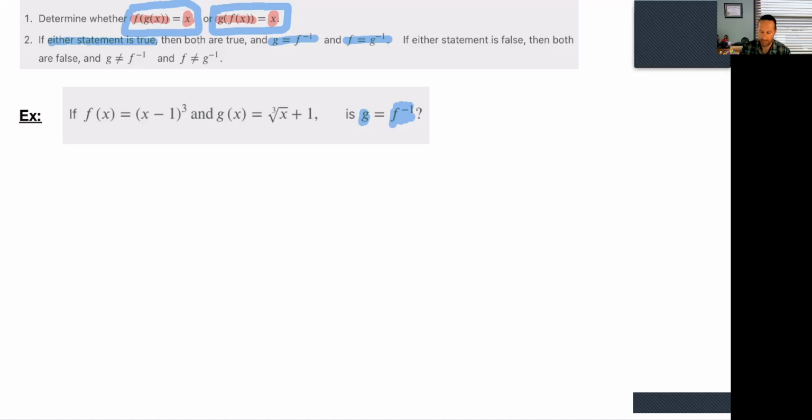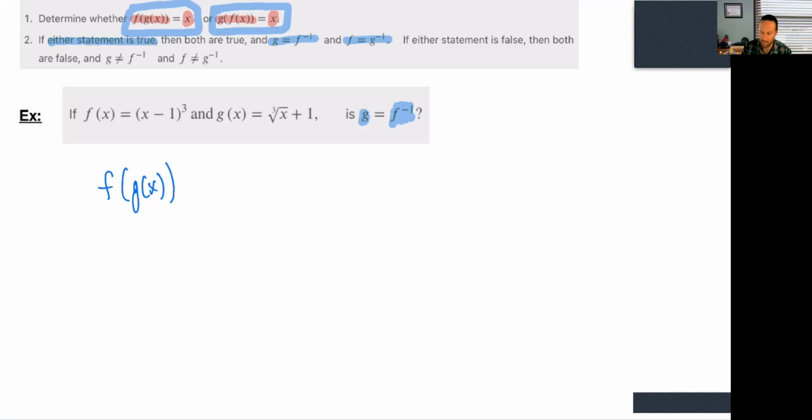We will plug in f of g of x. Now again, according to this, you can do either f of g or g of f, and it will suffice. Okay, so for this, we're trying to see if g is equal to the inverse of f. So I'm going to put g inside of f.